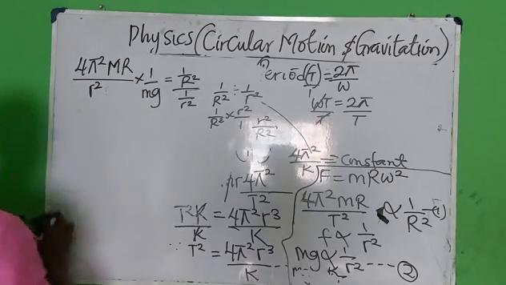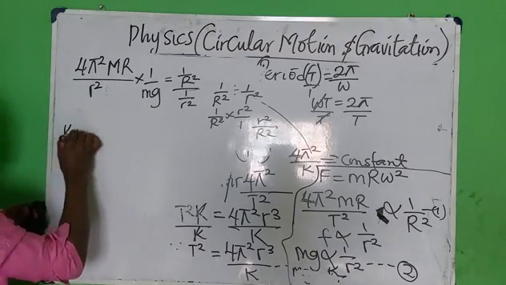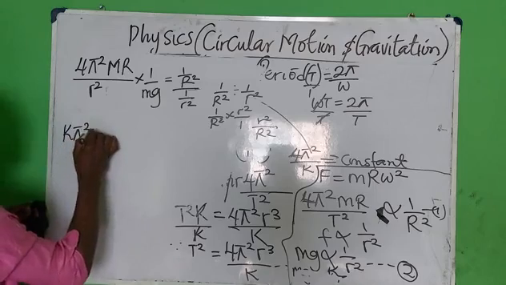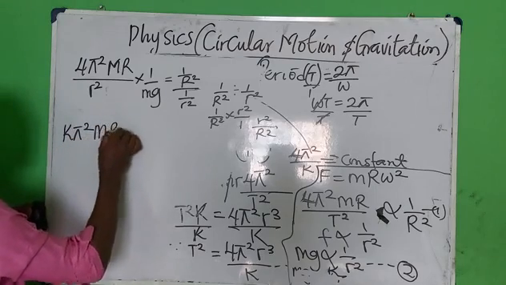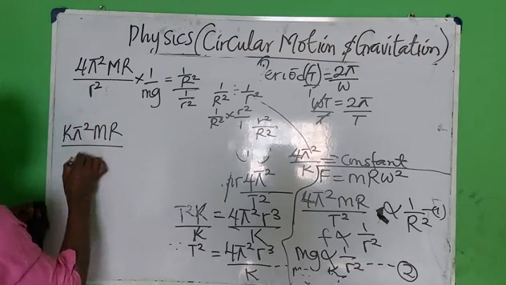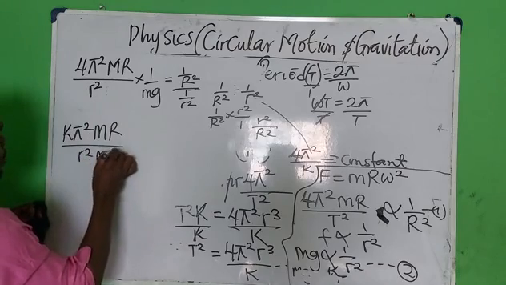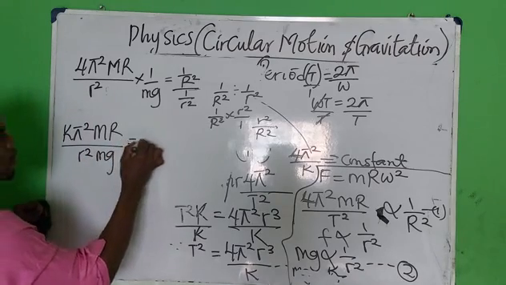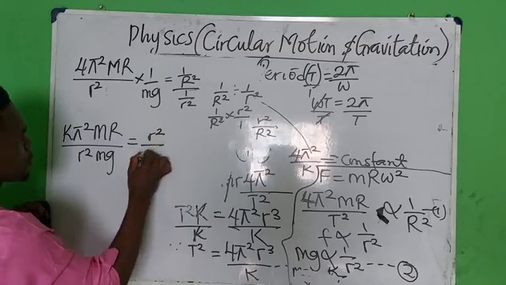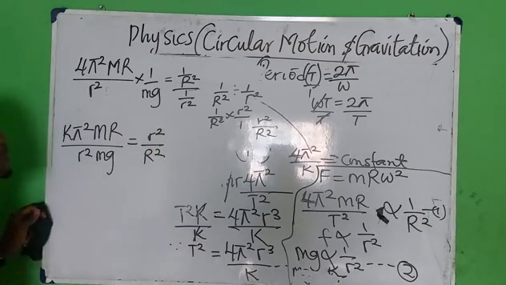So from here I now have that 4 pi squared mr over r squared mg is equal to R squared over R squared. So what do we do next?